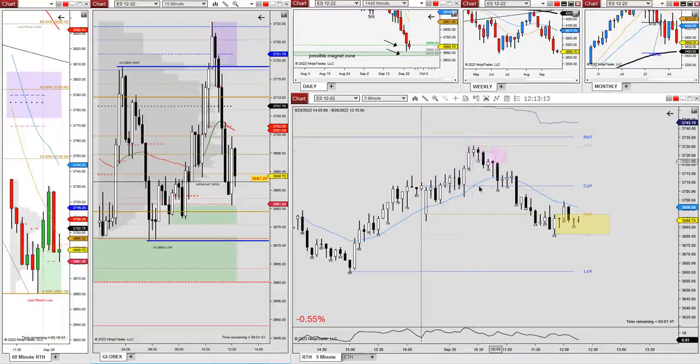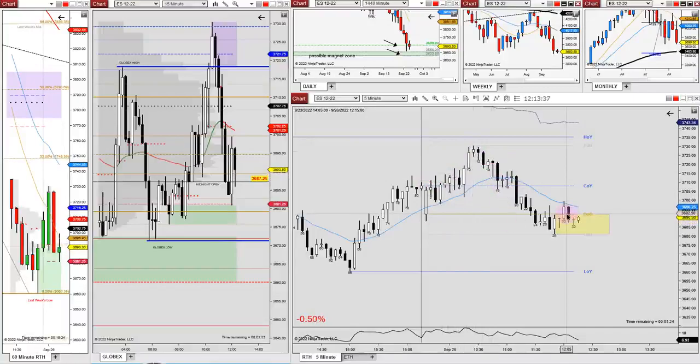Then I think I sold this bar right there, and second leg, I took profit right here because you know there are buyers waiting either at the EMA or below the EMA.